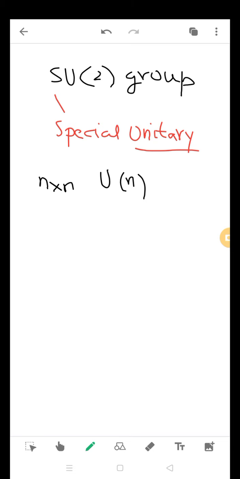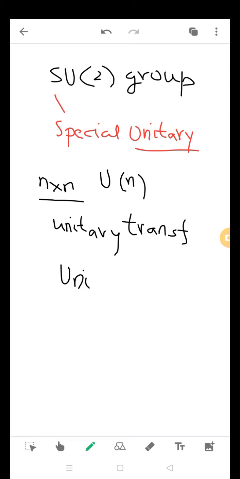A unitary group is a combination of all those unitary transformations which are present in this n into n vector space. Now, what do we actually mean by a unitary transformation? For that, we need to understand what a unitary matrix is.